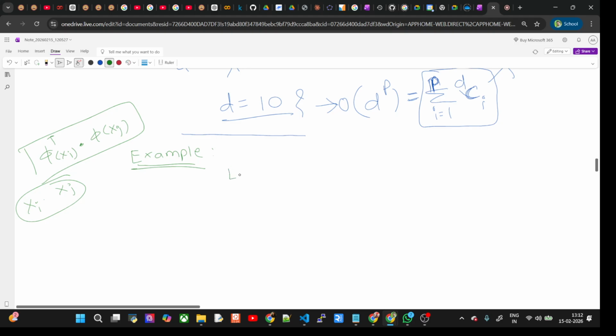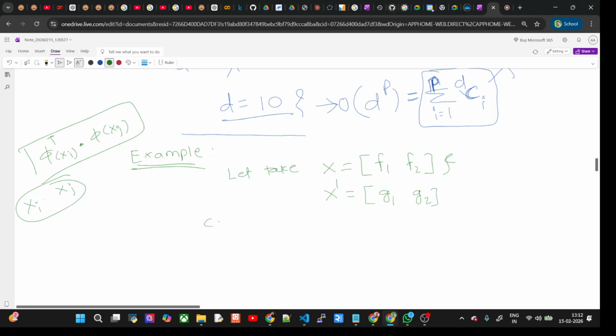Let's take x equal to f1 and f2, and x prime equal to g1 and g2. I'm taking some example, okay?